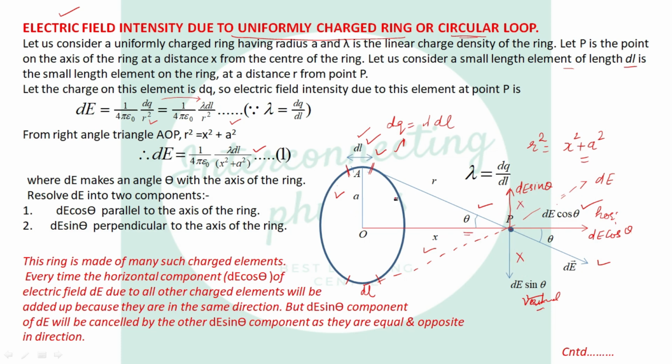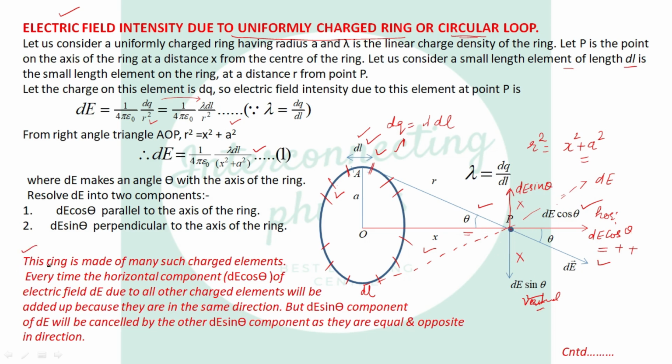If this ring is made up of such elements, then if dl is present over here, then dl will also be present here. If dl is here, then dl is also present here, here, here, here, here. So you see every time the dE cos theta component will be added up, but the dE sin theta component every time will be equal and opposite and will cancel out each other.